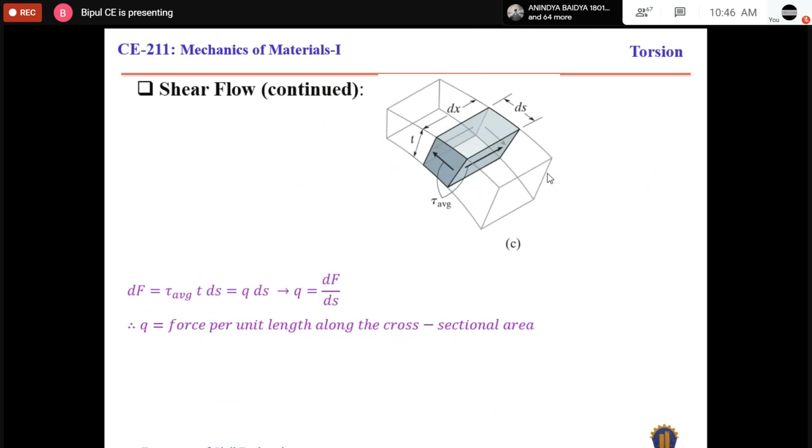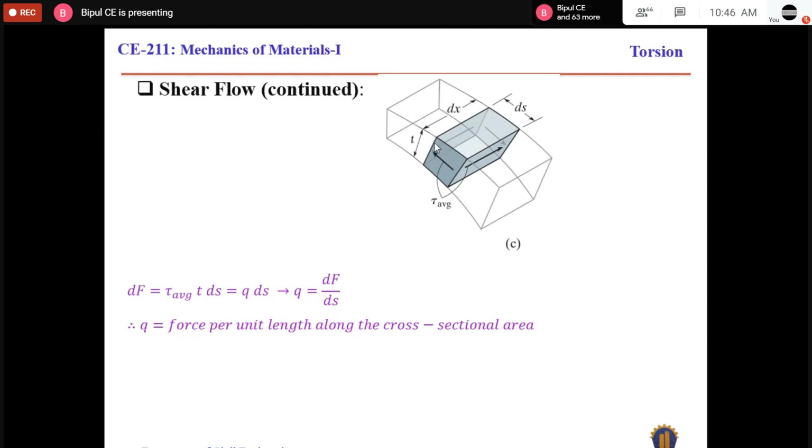Now the shear force developed on the surface will be the shear stress multiplied by the cross-sectional area. The shear stress is tau average, the average shear stress acting on these surfaces, and the area of this section is t into ds.